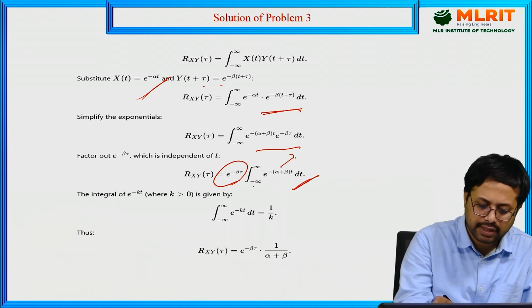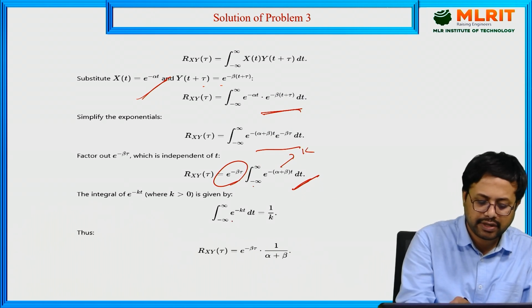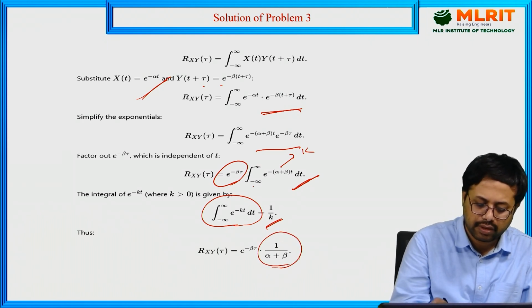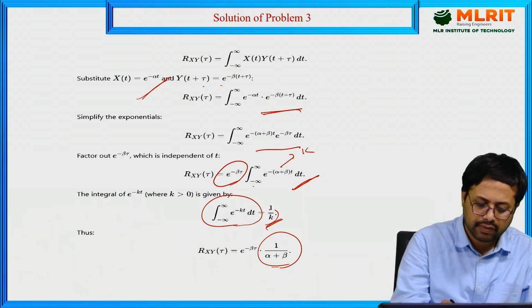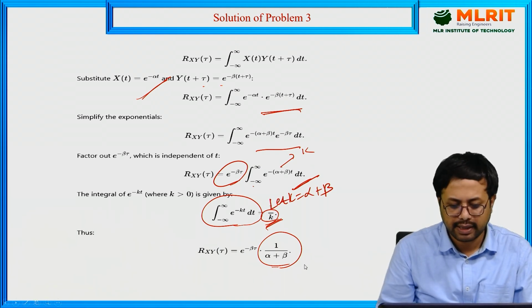Here you consider this as a constant k; the integration of this term has solution 1 by k. Then Rxy of tau equals e to the power minus b tau into 1 by alpha plus beta, where k is equal to alpha plus beta, we assume. Then substitute that, and you get the resultant.